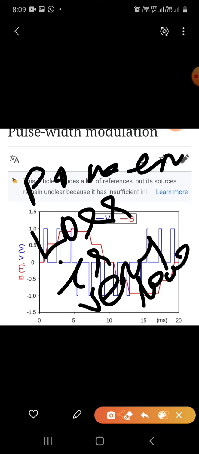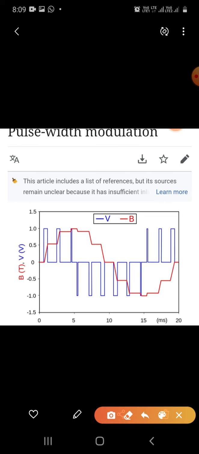PWM also works well in digital controls. Another good application is that it works well in digital controls. When I talk about digital control, because of their on and off nature, we can easily set the needed duty cycle here.